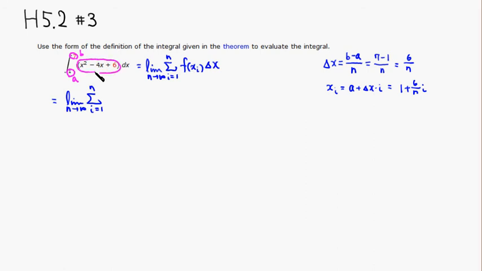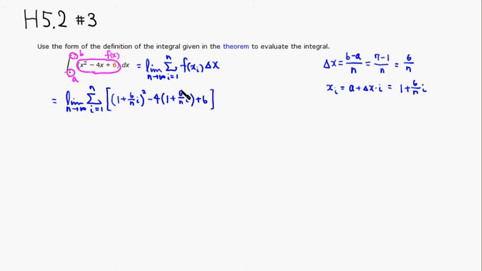We just need to plug in xi. Every time you see x, we put 1 plus 6 over n i. So we have 1 plus 6 over n i, squared, minus 4 times 1 plus 6 over n i, plus 6.